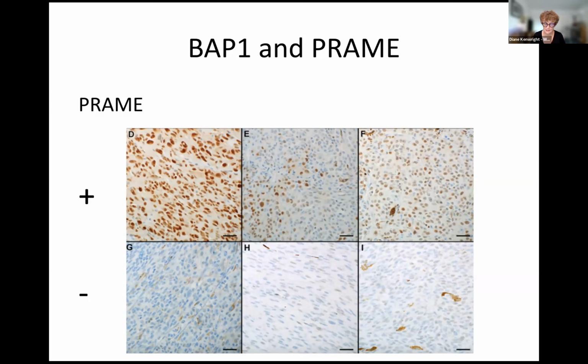Yes, preferentially. So with PRAME, if PRAME is abnormal, it's positive. But when we write reports, we'll try not to use positive and negative. We'll try to use BAP1 retained, normal, PRAME absent, normal. Words like that. All right, so that brings me to the end of this.